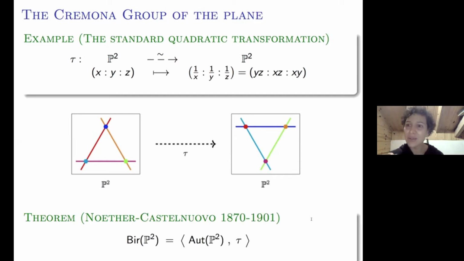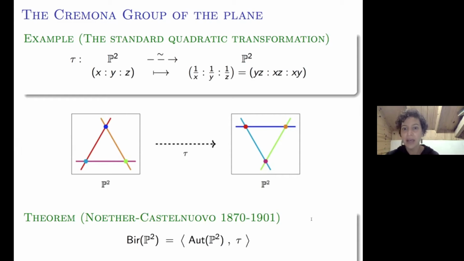And I can say that this group is very complicated. Given any degree d, I can write down a Cremona transformation given by monomials in degree d. So this is a huge group. But nevertheless, it has this very nice set of generators.